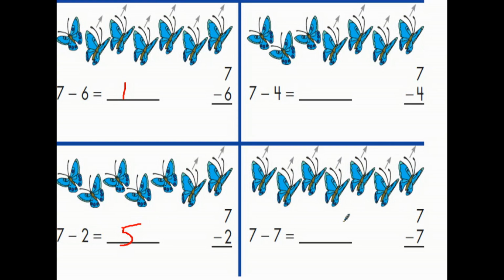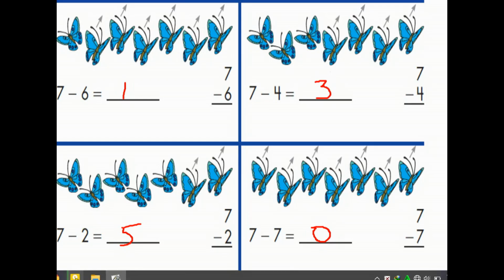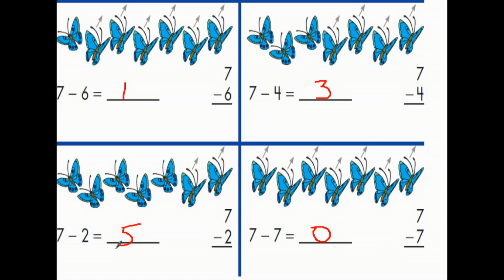Again here, all of them. Out of 7, 7 flew away, 0 left. Right? This is subtraction. Again, 4 left. Look, you can see 4 butterflies left. So how many remain? 3. See, this is how you do subtraction.